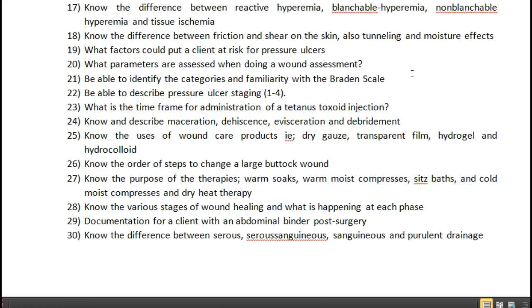It may be intact, or it might be open, ruptured. It might be a serum-filled blister. Okay, so that's a stage 2. Stage 3 is full thickness tissue loss.